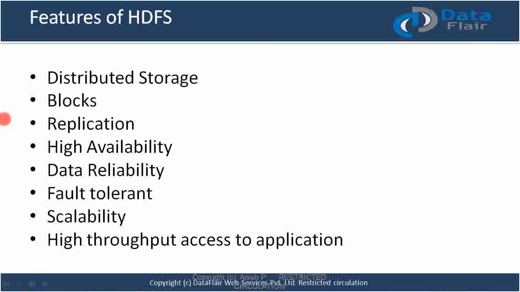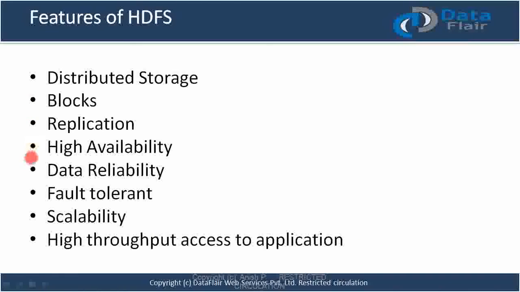So after the HDFS basic architecture, let's talk about the features of HDFS. During these features we are going to discuss distributed storage, how your data is stored distributedly, the placement policies and what factors they depend on, blocks, how a file is split up into blocks, and replication factors, what they depend on and how replication actually happens.